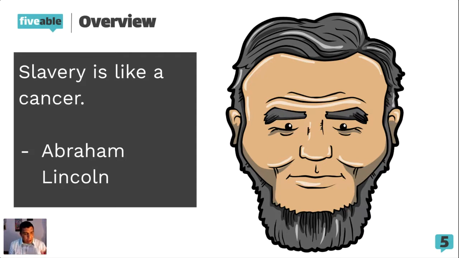Why would he use this phrase, slavery is like a cancer? Why didn't he just describe it directly? Why would he say that? What is he trying to say there? Okay, Zara, that it's harder to stop slavery once it's grown.